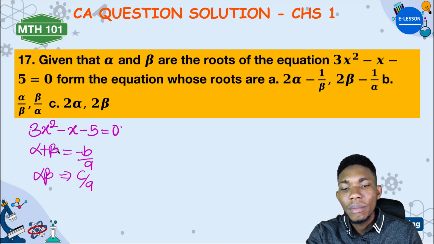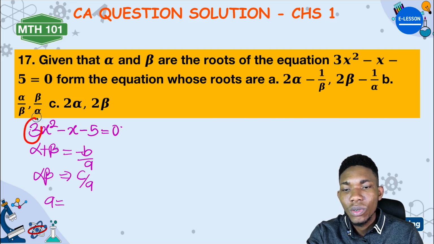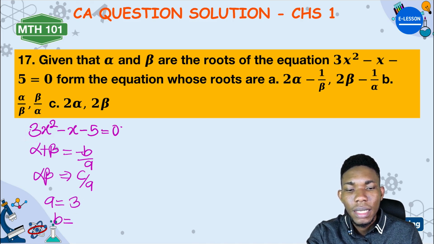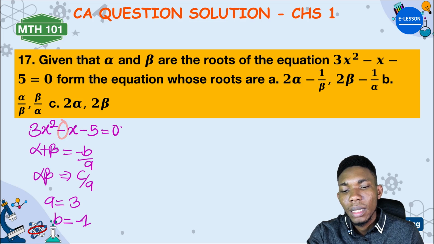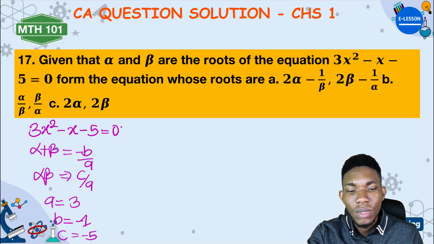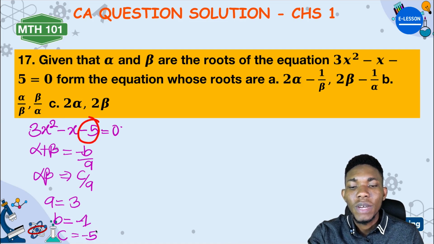How do we get a, b, and c? A is the term here attached to x squared. In this case, a is 3. B is the term here attached to x. In this case, it's just minus 1. And then c is the constant. The constant term here, my dear student, is what? Minus 5.